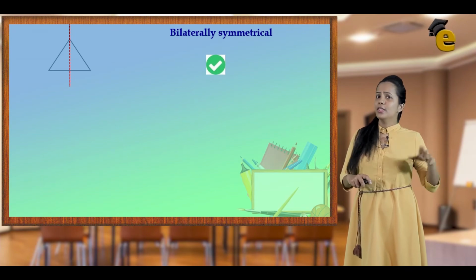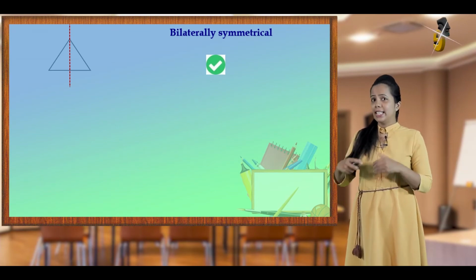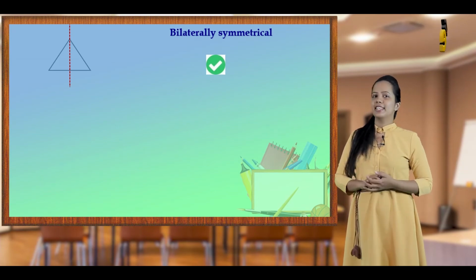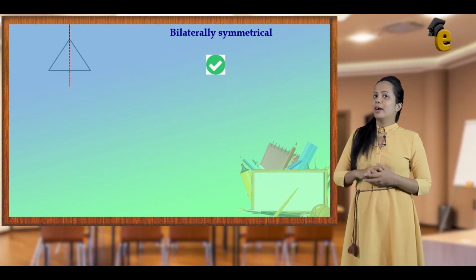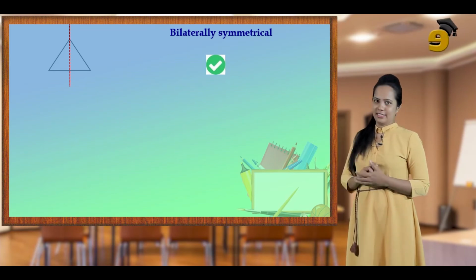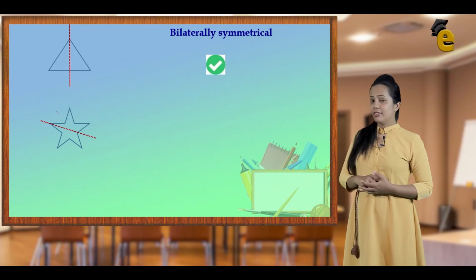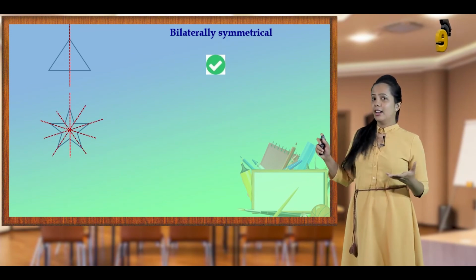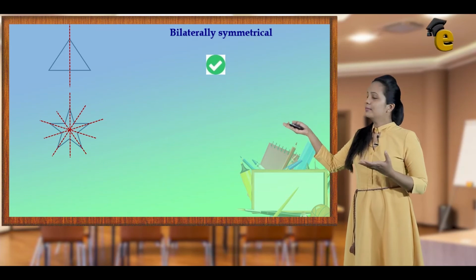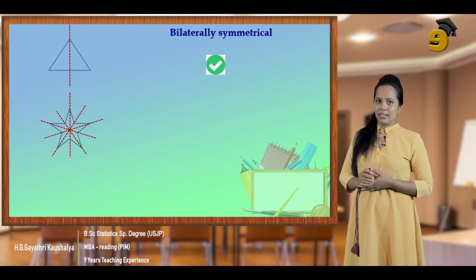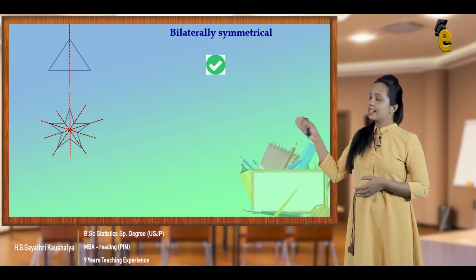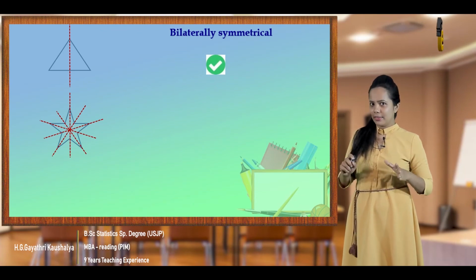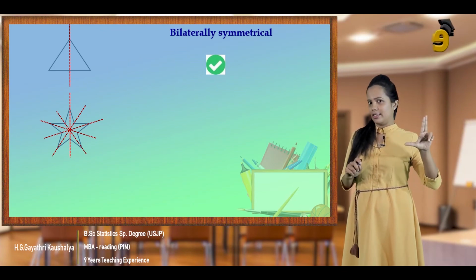If all those three characteristics can be seen in the figure, then only we can say that it is a bilaterally symmetrical figure. Consider this figure, it's a star. There you can see several axes of symmetry, and along each axis of symmetry you can see those three characteristics.